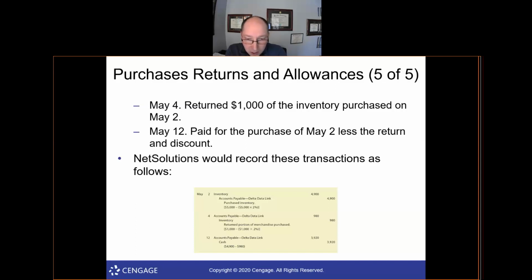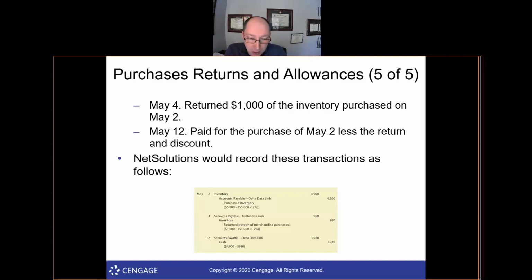So instead of actually sending it back, they gave us a purchase discount, and with that purchase discount, we reduced the value of the inventory by debiting accounts payable $980 and crediting inventory $980. And so we still need to pay the company for the amount of inventory that we received on May 12th.